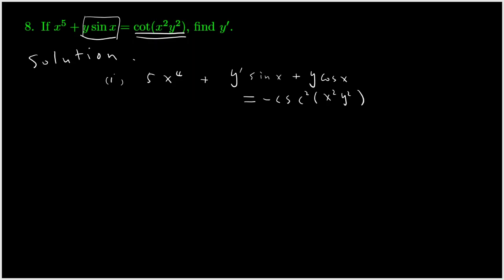Now to differentiate x squared times y squared, you'll have to use the product rule again. So differentiate that again with respect to x. In the brackets, the derivative of the first factor, you have 2x, and then times y squared, and then plus x squared, the first factor, times the derivative of the second factor, which is 2y.